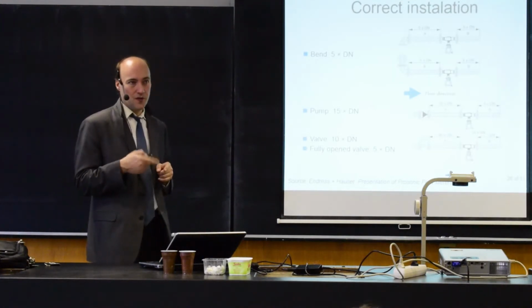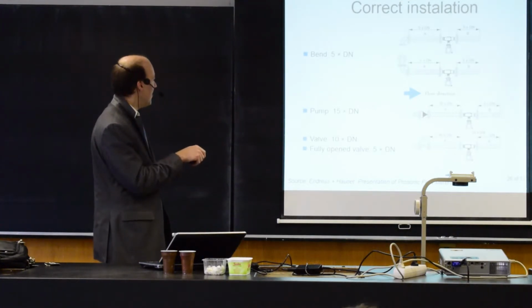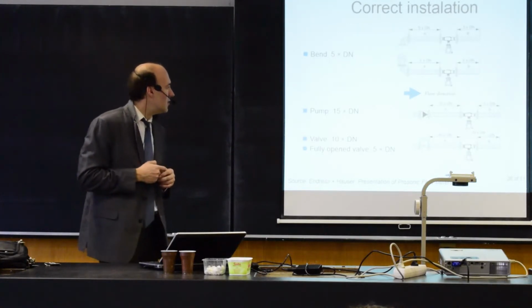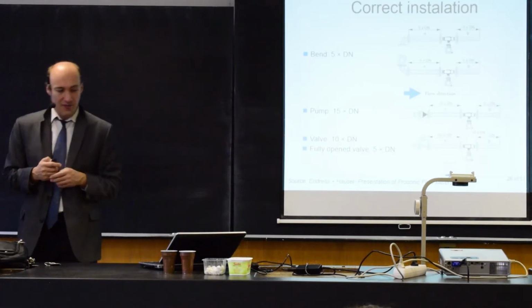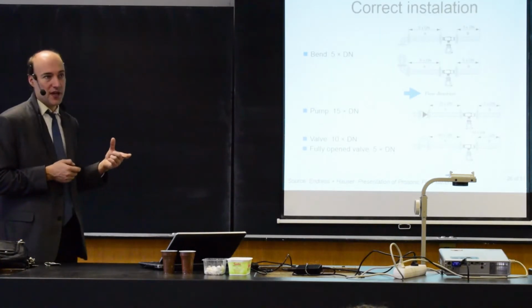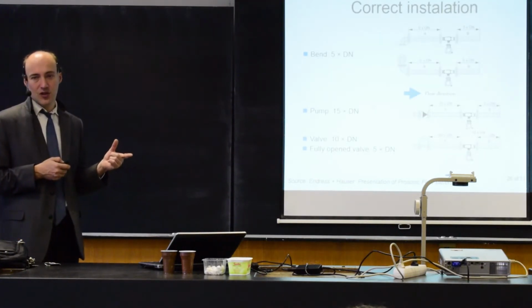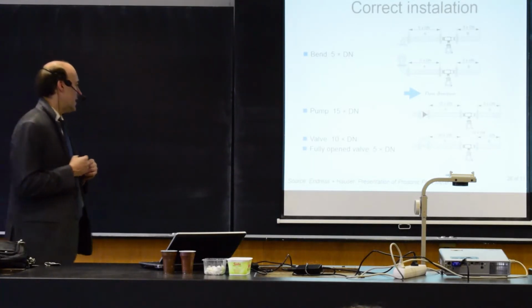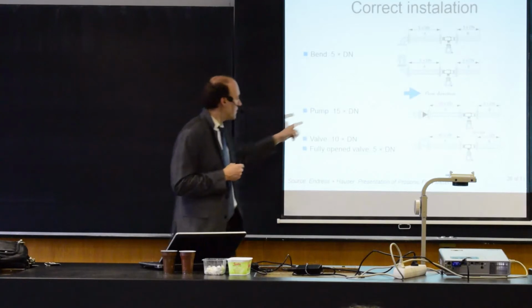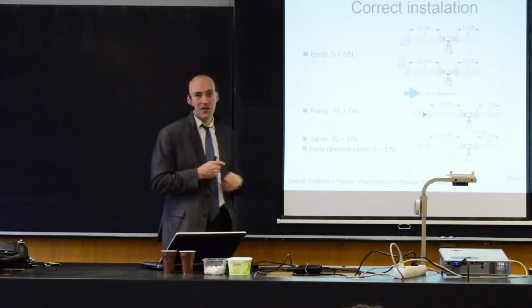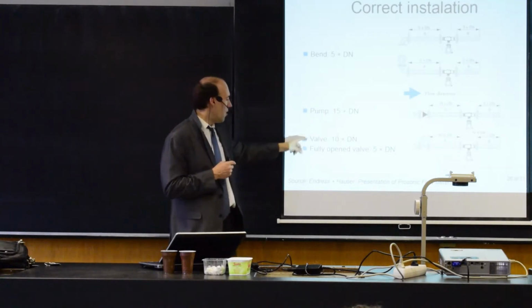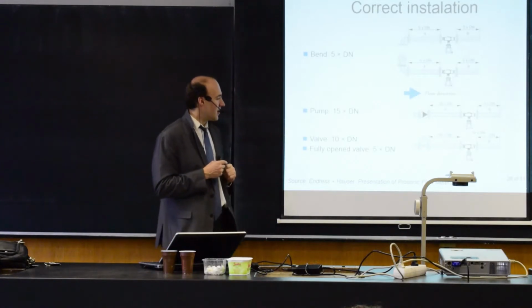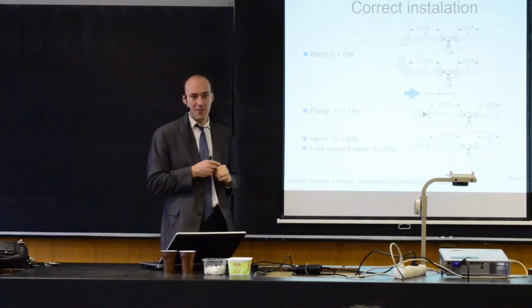In front of the sensor, for example, in a bending, we have 5 pipe diameters. For the orifice plate, we had at least 20 pipe diameters. So it will fit into smaller spaces. The same for pumps, for example, at least 15 pipe diameters. Valves need typically at least 10 pipe diameters.